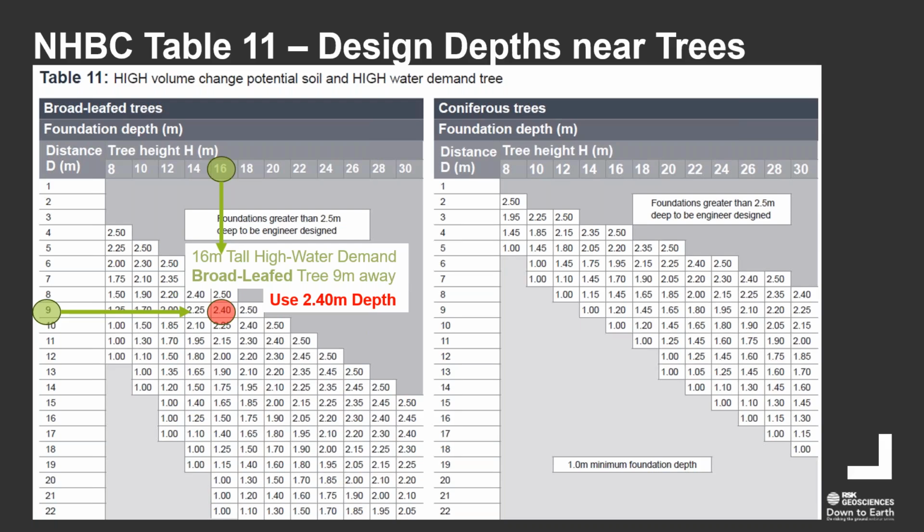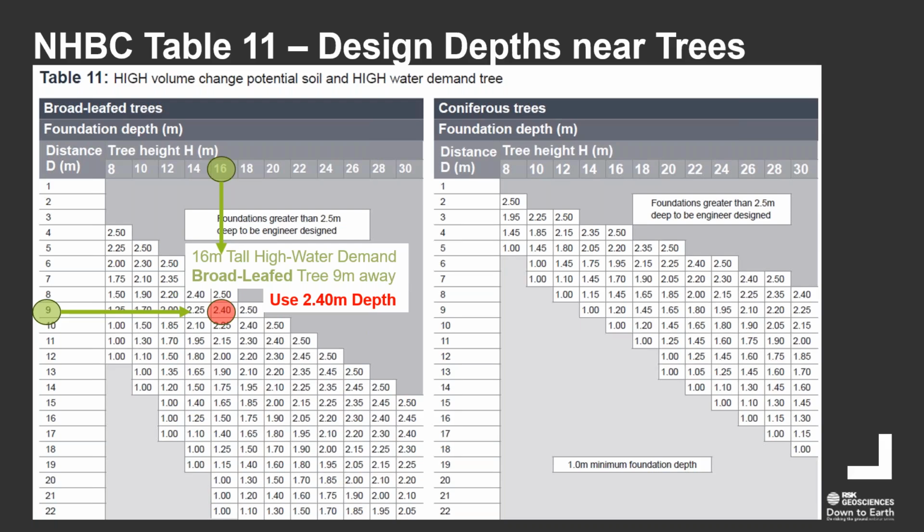Notice on this chart that the maximum depth there is 2.5 meters, and you'll also notice the note that says that anything that suggests greater than 2.5 meters should be designed by an engineer. So this will require a structural assessment. So you can't just go beyond 2.5 meters.